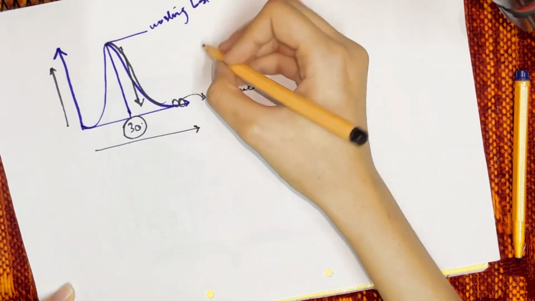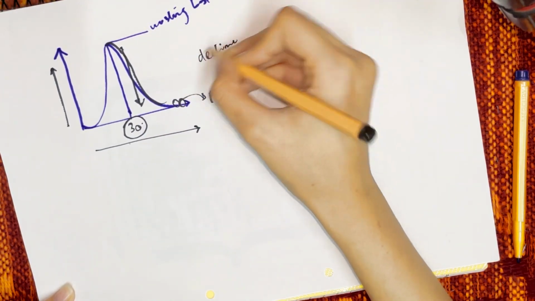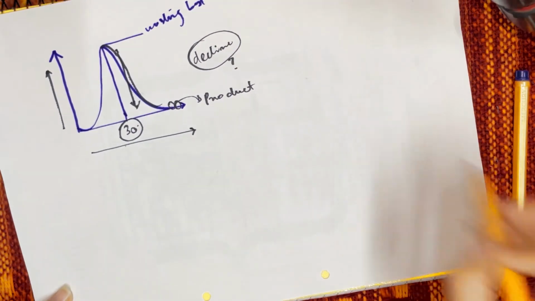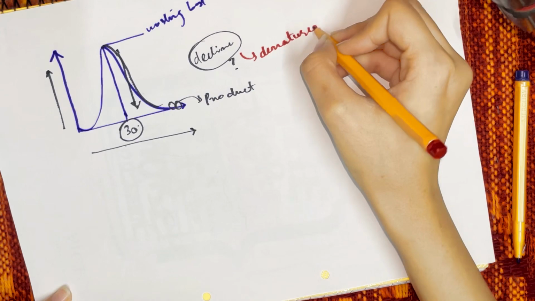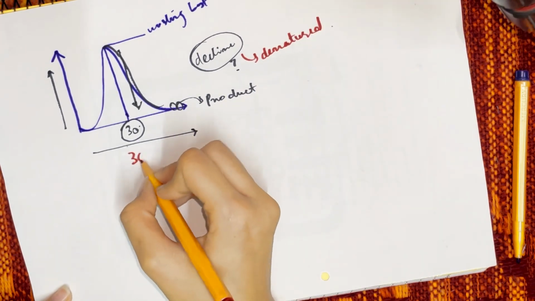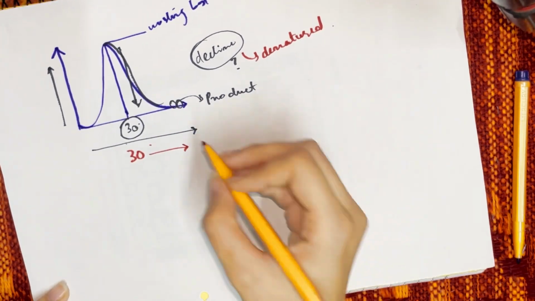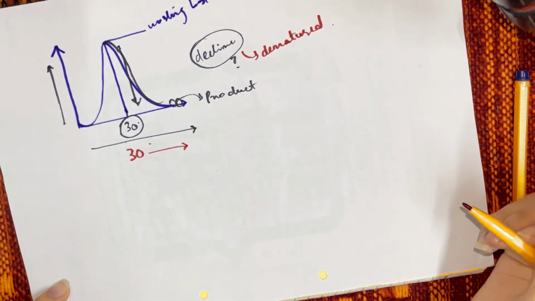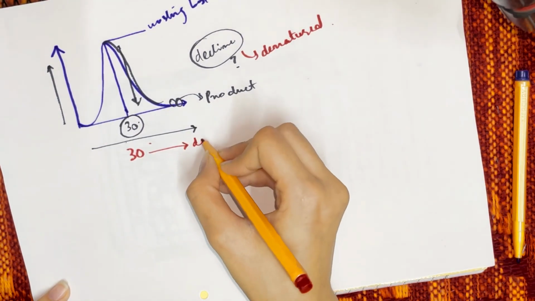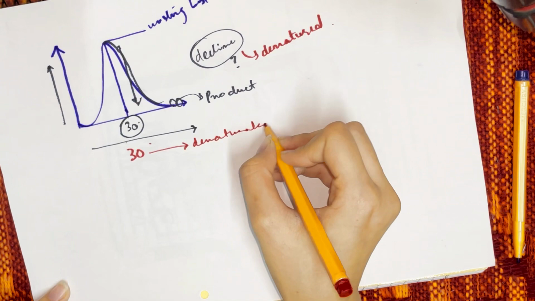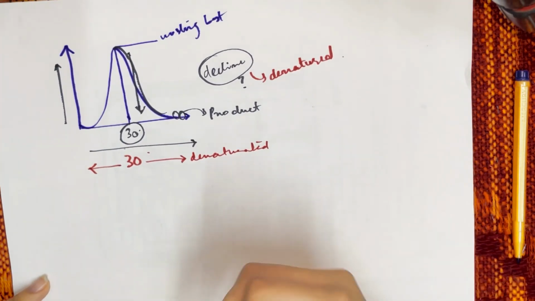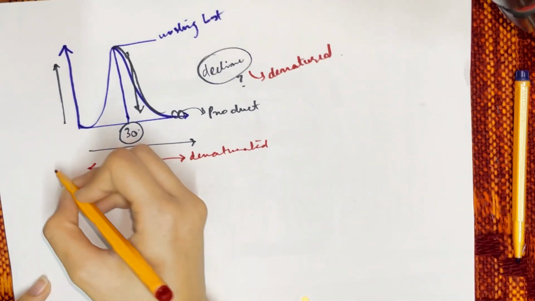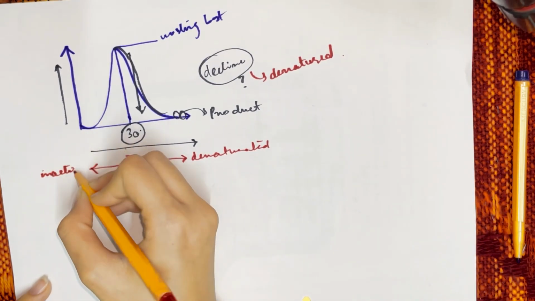What does it mean when the enzyme starts to decline? It means that the enzyme starts to become denatured. The term denatured means that when the temperature rises beyond 30 degrees centigrade, the enzyme is not able to work at its best. Or when the temperature decreases below the optimum, it is also not able to work very well, and we say that it becomes inactive.